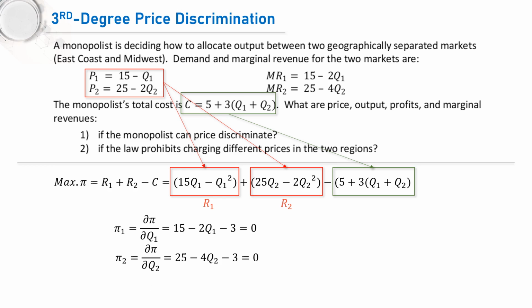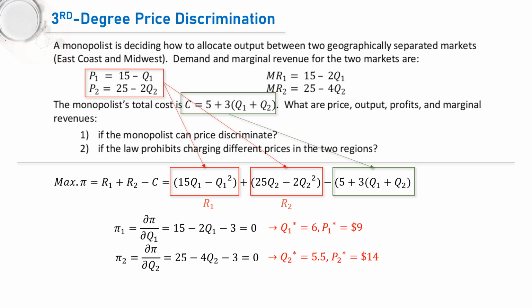Fortunately, the calculation is easy because cost is linear. We can find Q1 and Q2 easily, and accordingly by substitution, we can get both P1 and P2 and also the profit level if you want. Using the MR equals MC formula, we can also get the same results.